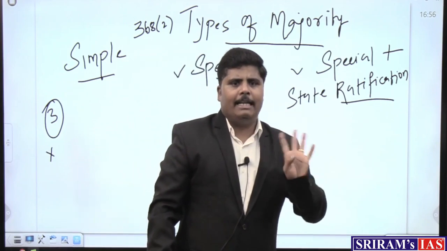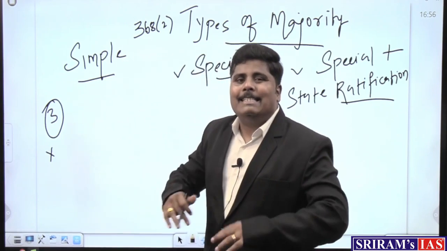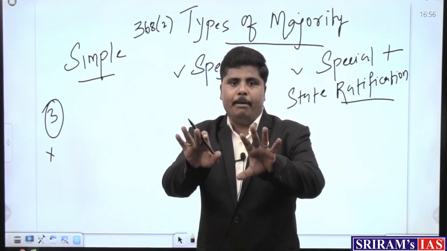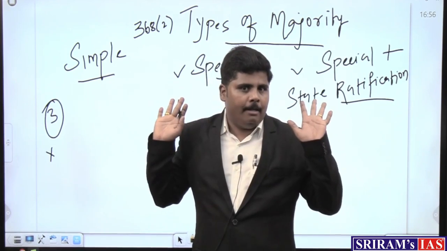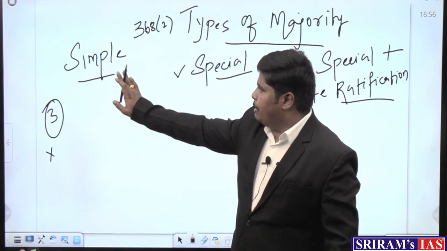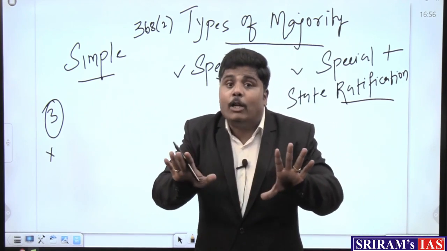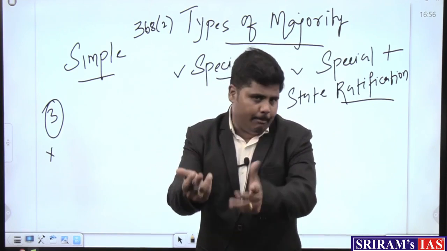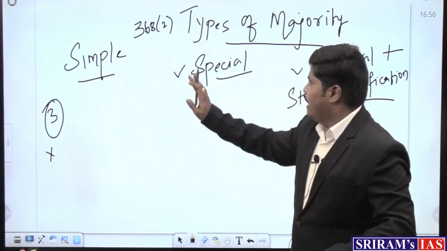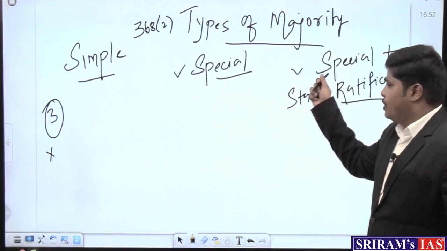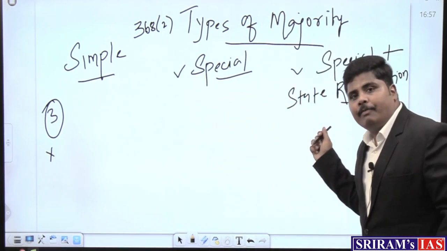We don't have 3 types. So the first one is not even deemed to be an amendment of the Constitution of India. Be very clear. This simple majority doesn't even qualify to be called an amendment. Therefore, as per Article 368 subclause 2, we have special majority, then special majority with state ratification.